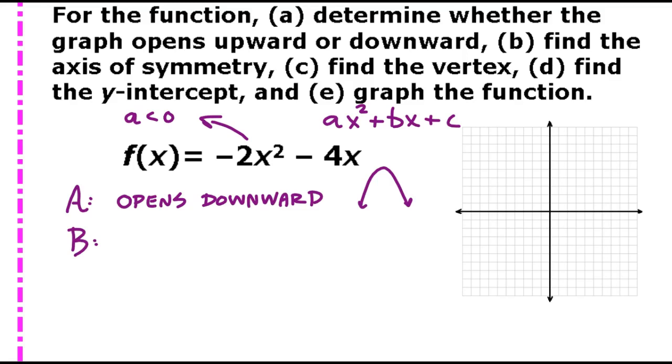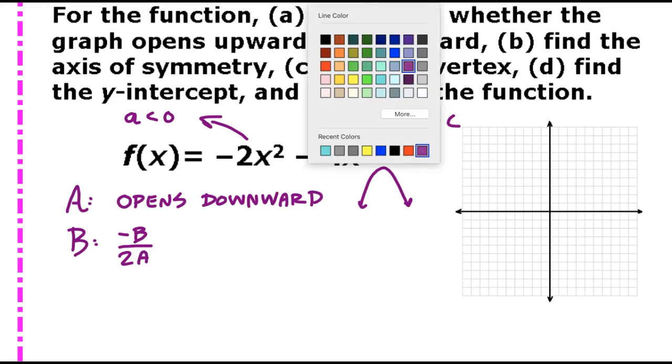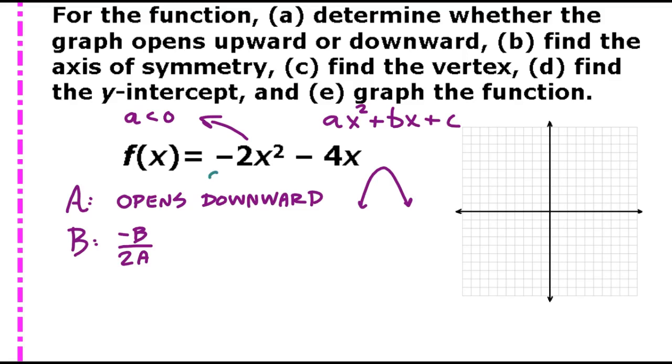We have an axis of symmetry that goes through my vertex of the opposite of b over 2a. So the axis of symmetry is always the opposite of b over 2a. Let's just list our a, b, and c values quick. So a is negative 2, b is negative 4, c is 0.